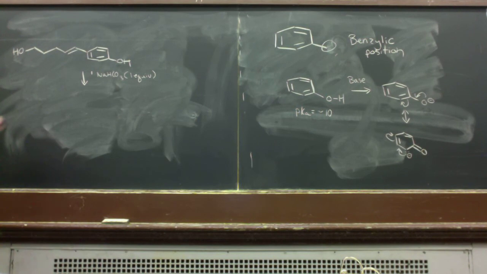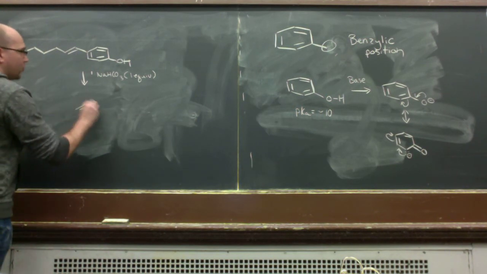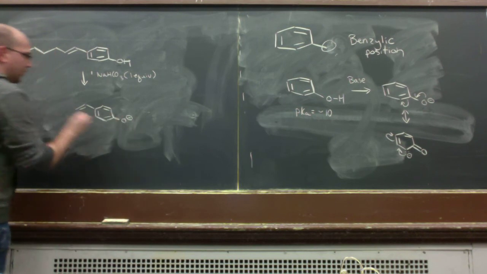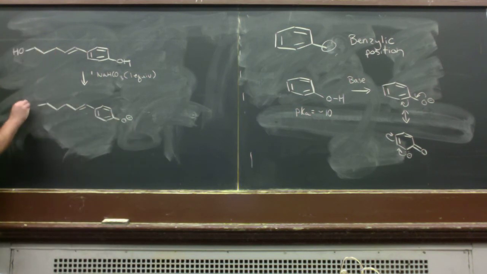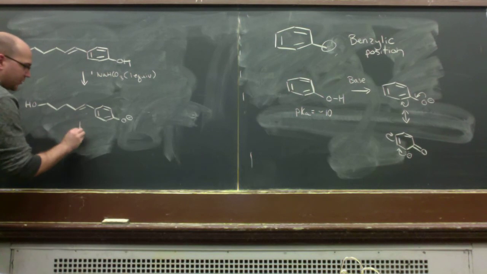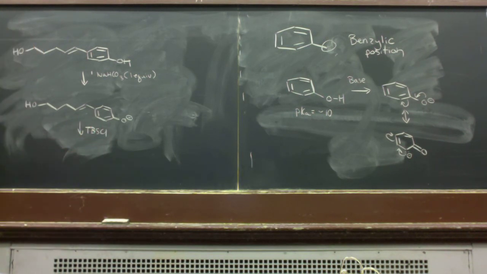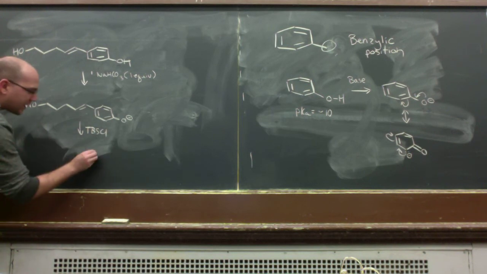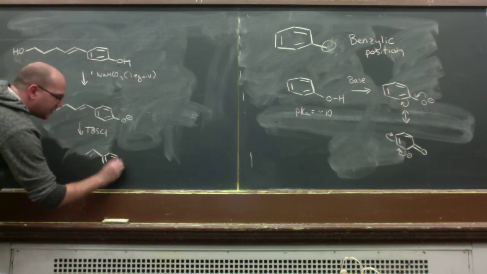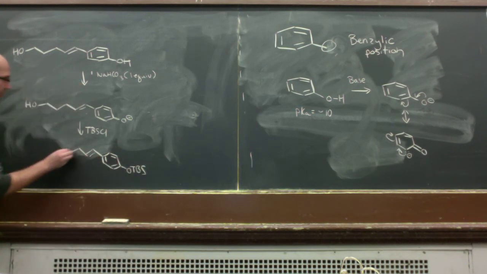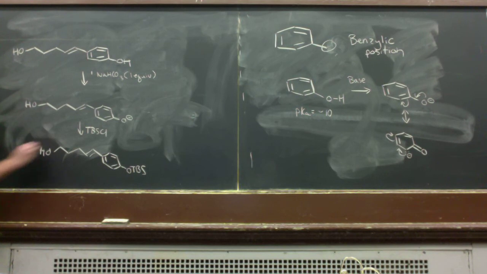So what I did was I premixed this compound with a base to generate the more active alkoxide, and then I was able to treat this with TBS chloride, or maybe it was TBS iodide, I don't really remember, but the point is that I was able to functionalize this group really well, and I remember this reaction worked pretty well.